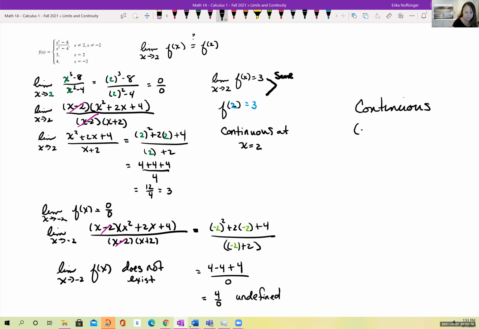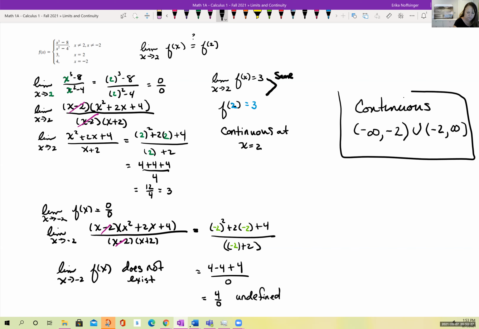So it's continuous from -infinity to -2, parentheses, because we're not including -2, union -2 to infinity. With a piecewise function, you've got to be careful and look at the limits for each equation and see that that exact value is what it's defined for.